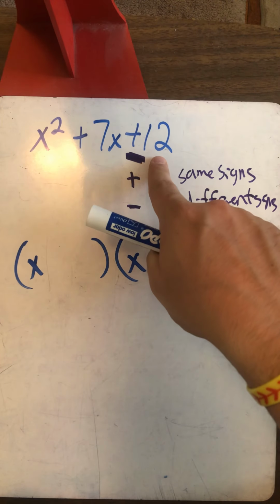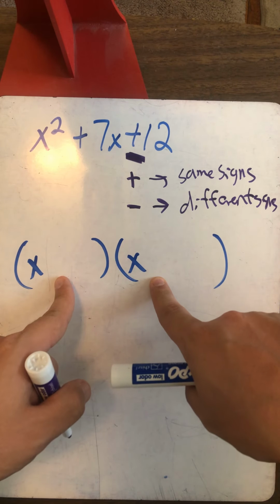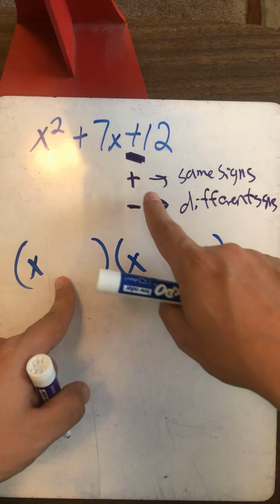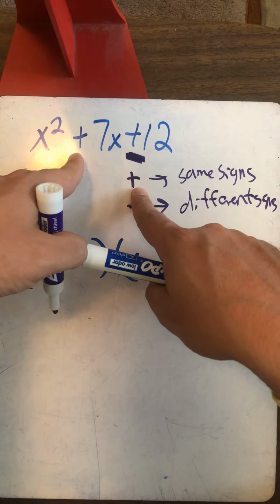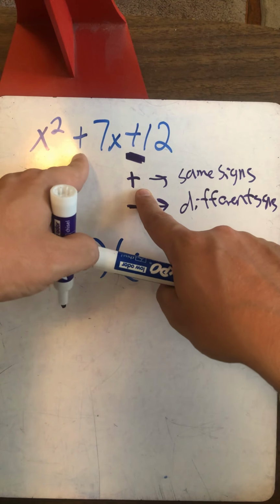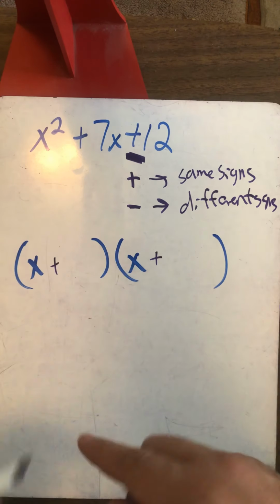This is a plus. This means that inside here, for our two binomials, they're going to be the same sign. So both signs are the same. They're both going to be this one. So I'm going to have plus, plus.